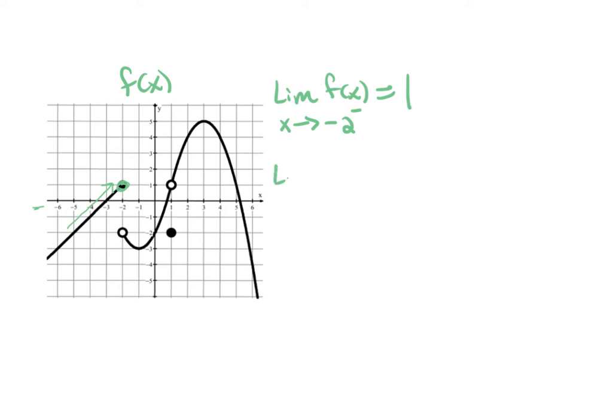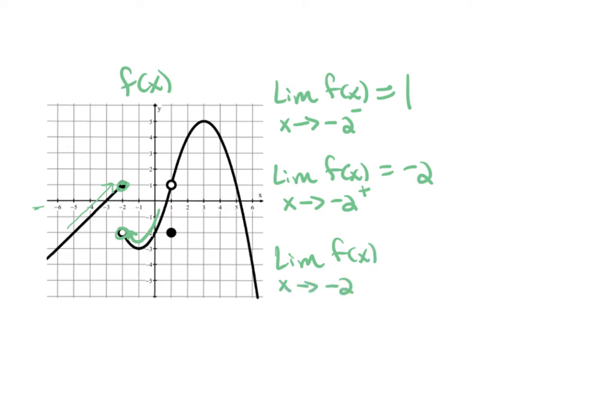Okay, so what is the limit of f of x as x approaches -2 from the right? Okay, so from the right, this approaches -2. So what is the limit of f of x as x approaches just -2? Because I'm approaching different values at -2, this limit does not exist.